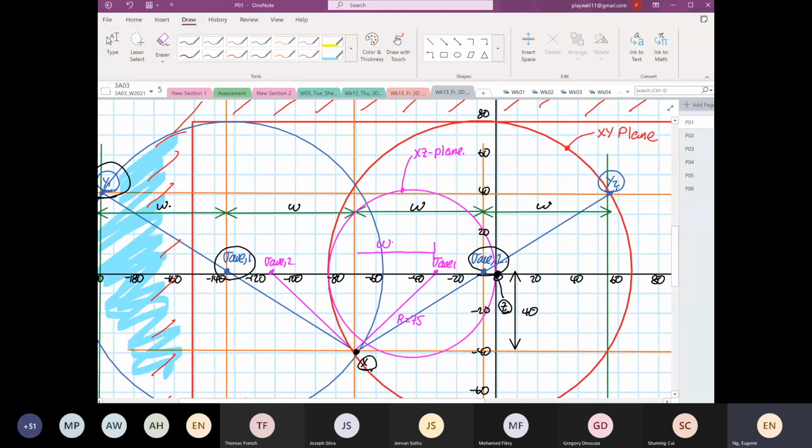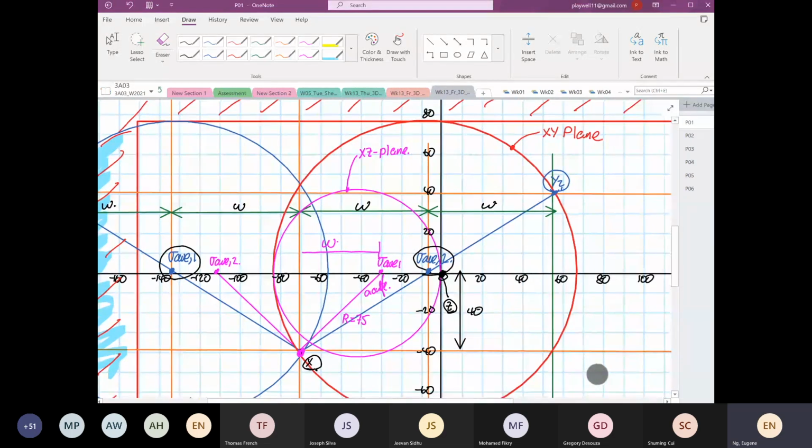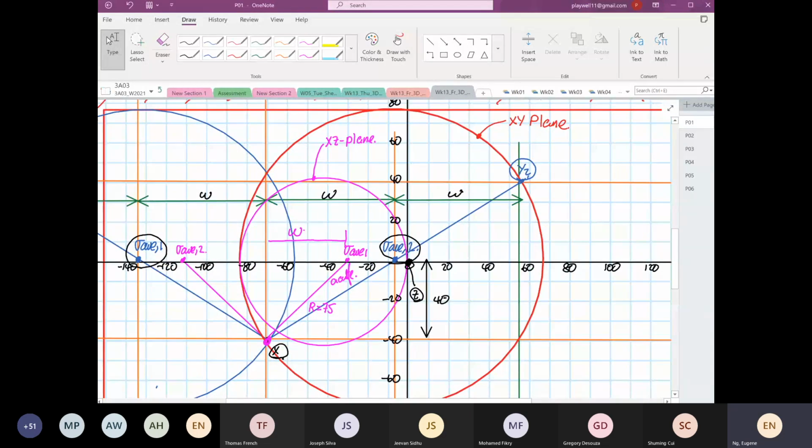Some of you may ask why the XZ plane? Because at point X over here, this is the acute angle. Right, like what I taught before we finished our 10-20 class. Then I would like to draw another circle.